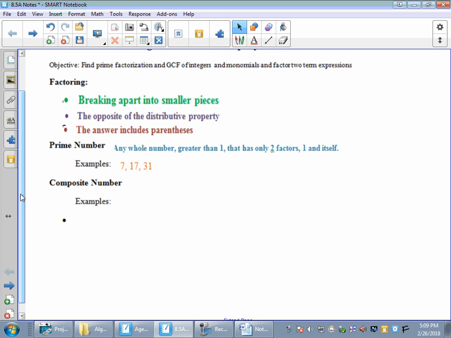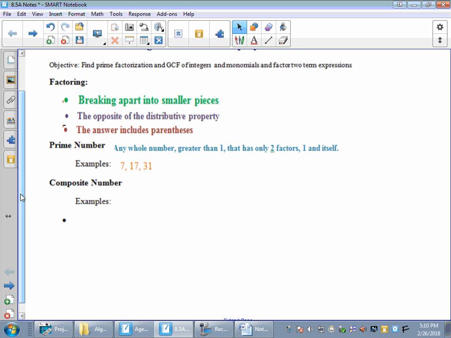Some examples of prime numbers are 7, 17, and 31. One way I like to think about it is, can I take that number and divide it by anything and get something even out, another whole number?